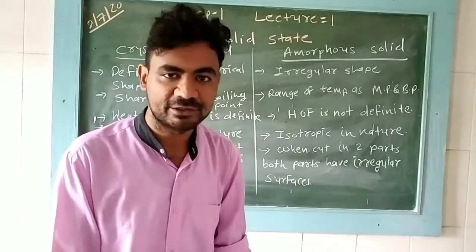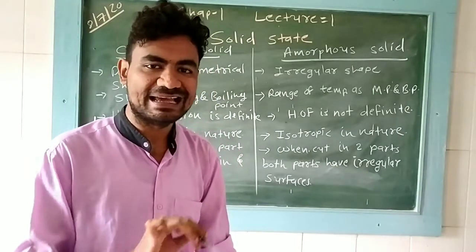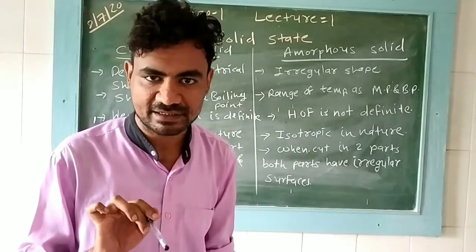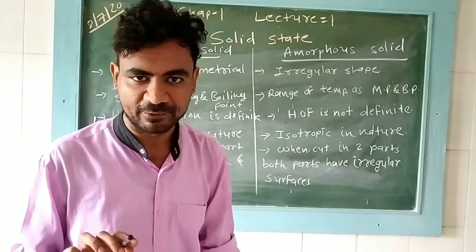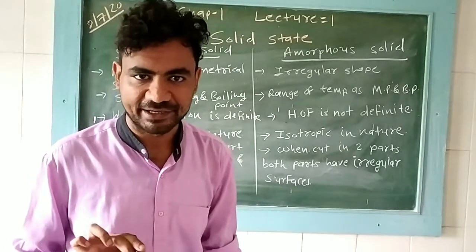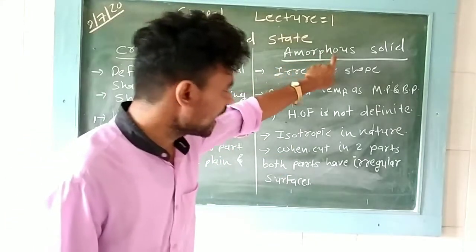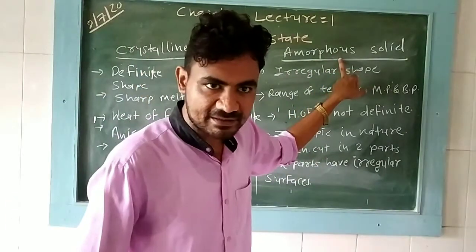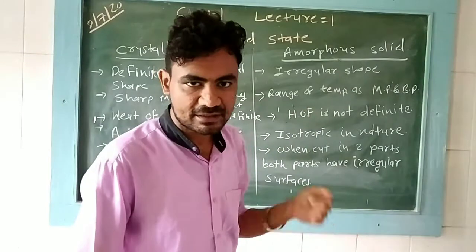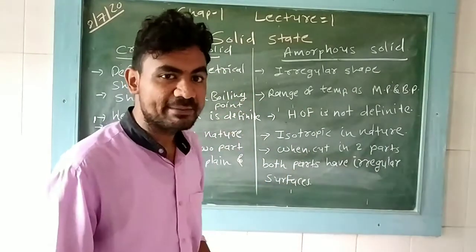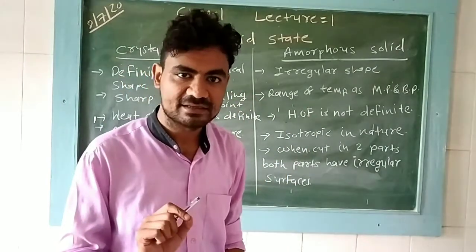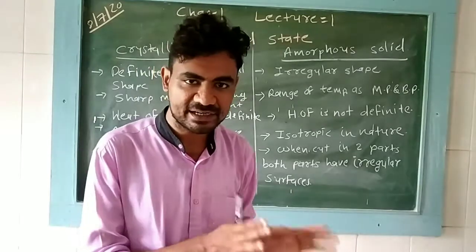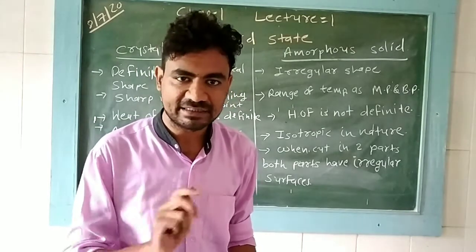Suppose I do it another time, I will get that same 57 degrees Celsius boiling point or melting point. There was no change. But in case of amorphous solid, if I do the experiment multiple times, the boiling point and melting point change a little bit. Not a major difference, but a little bit.